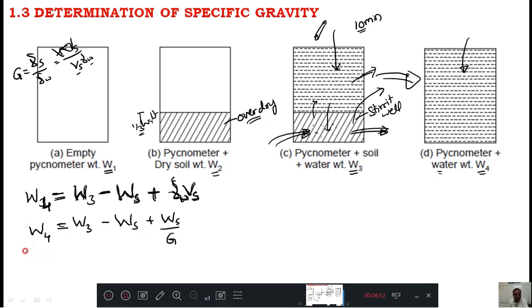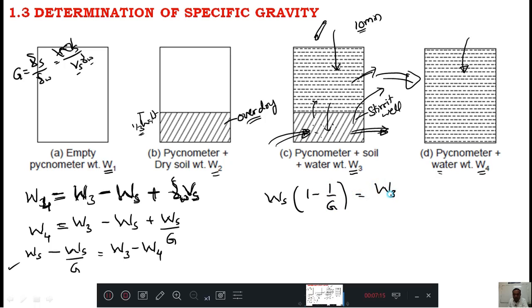Then WS by G on that side: WS minus WS by G equals W3 minus W4. From this equation take WS common: WS times (1 minus 1 by G) equals W3 minus W4. Do not take LCM and mix it, keep it like that. Now 1 minus 1 by G equals (W3 minus W4) divided by WS.